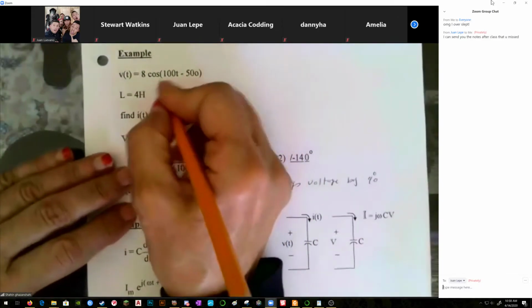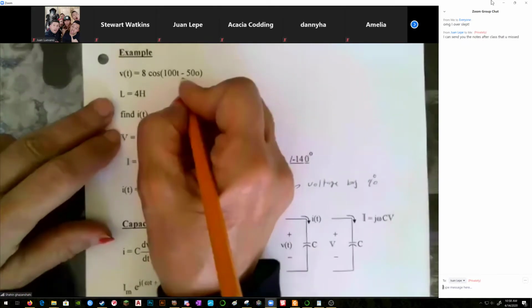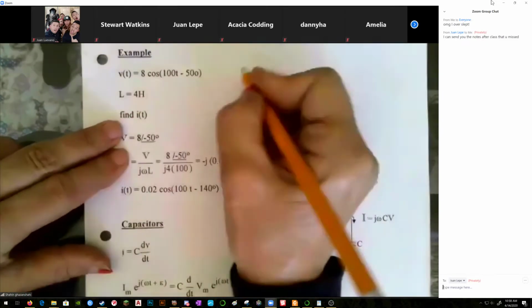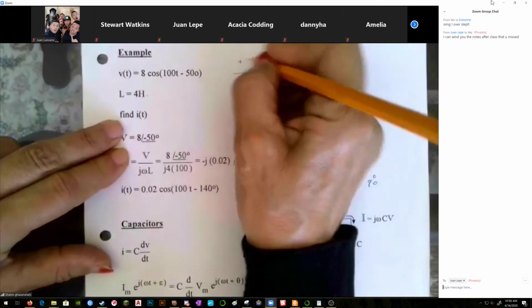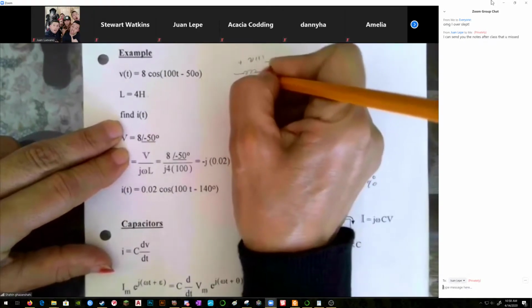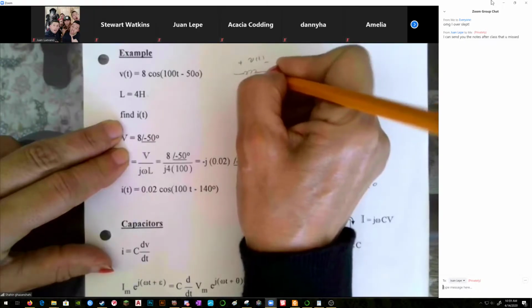Imagine they give you a voltage. So you got the voltage, and there is an inductor, i of t. This is your voltage V that is given, and the current i, and the inductor is 4 Henry.